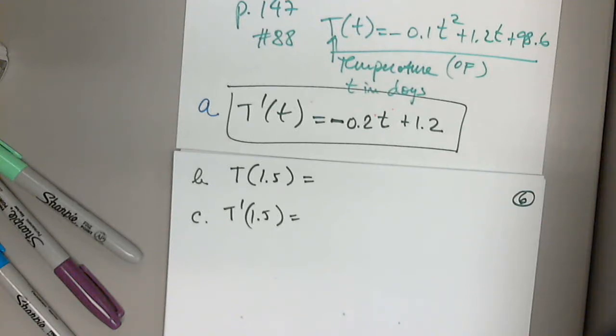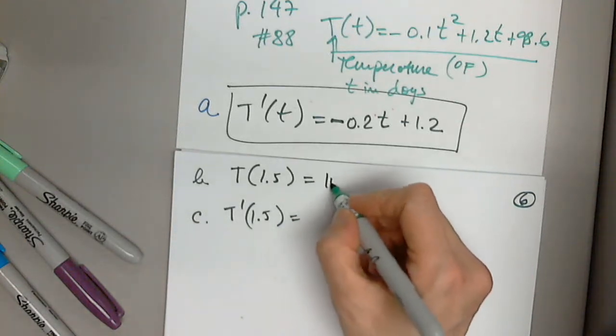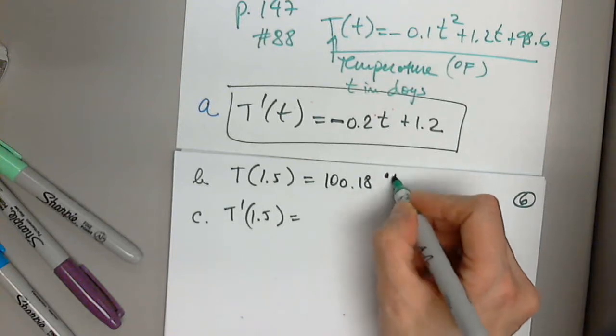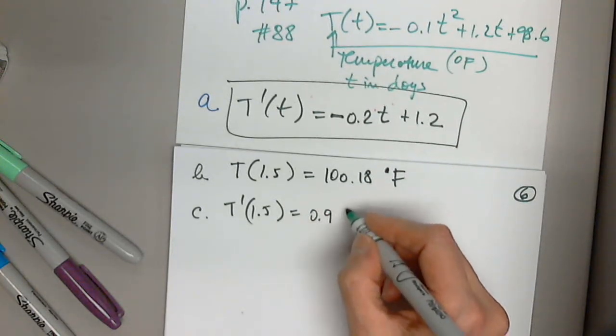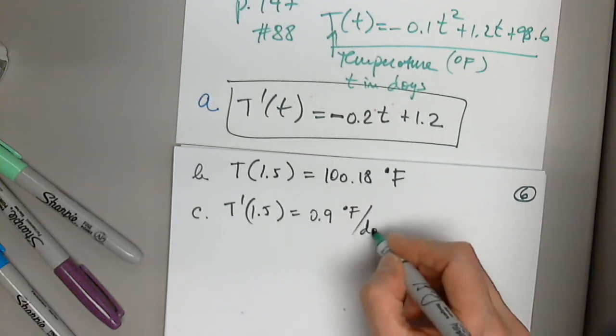So 1.5 days means right past noon on the second day, right? So what is the rate of change at that point? Degrees per day. So let's copy this. This is 100.18 degrees Fahrenheit, and this is 0.9 degrees Fahrenheit per day.